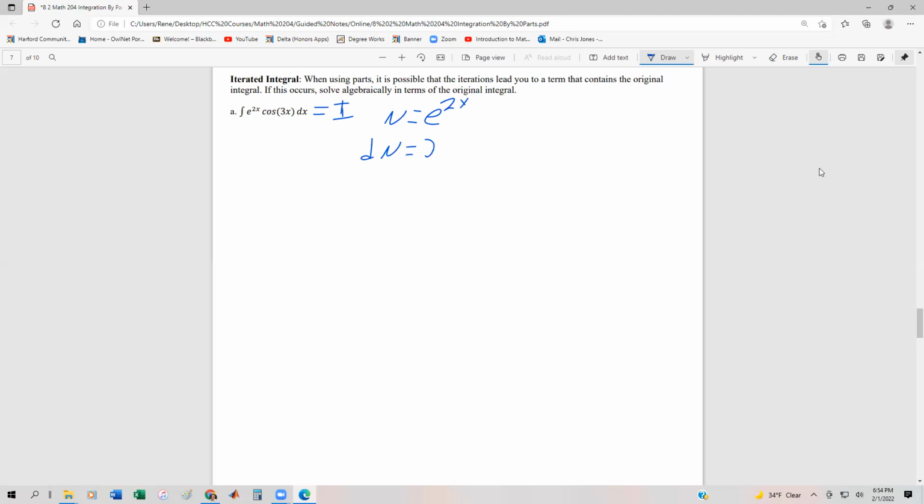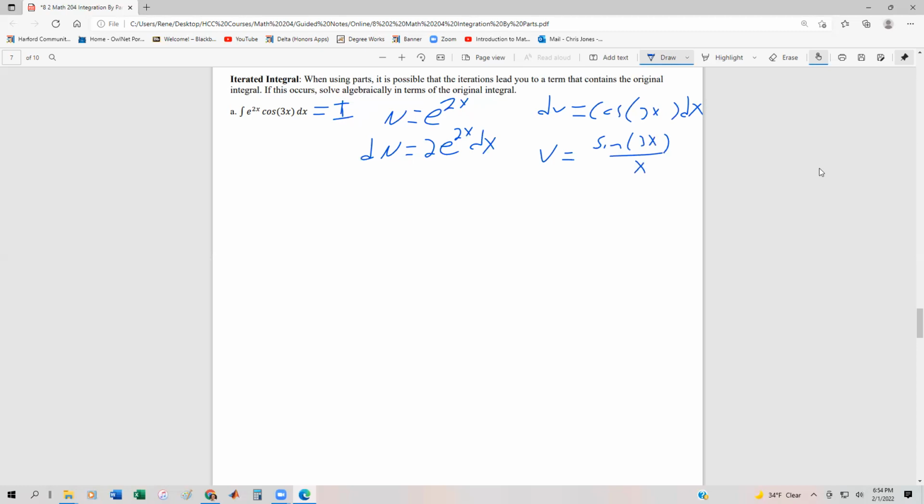The derivative is 2e to the 2x dx. And then I'm going to let dv be equal to the cosine of 3x dx. And then v is going to be sine 3x over 3.